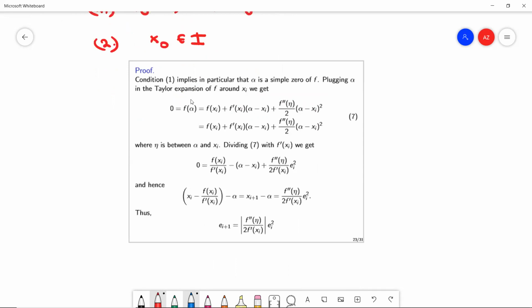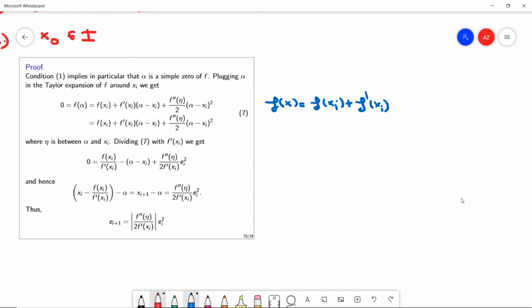So f of x is f of xi plus f derivative of xi times x minus xi. So this would be the first Taylor polynomial with degree 1.